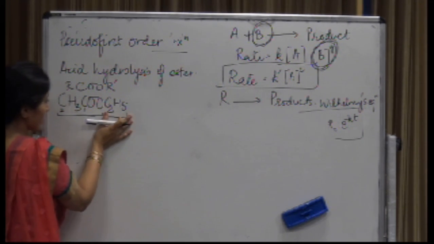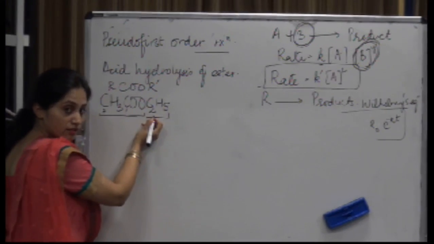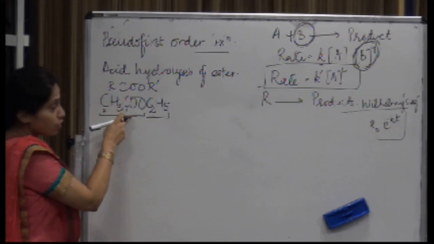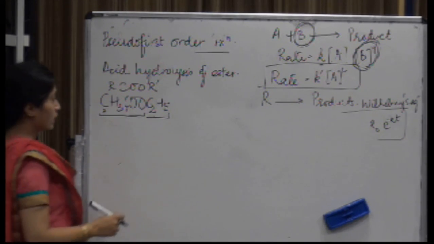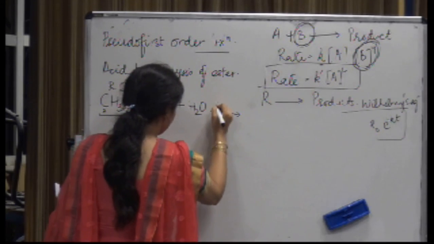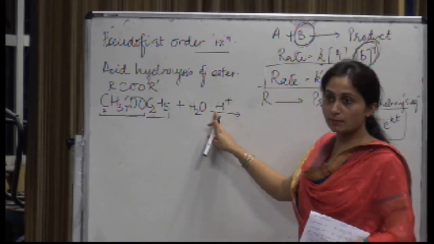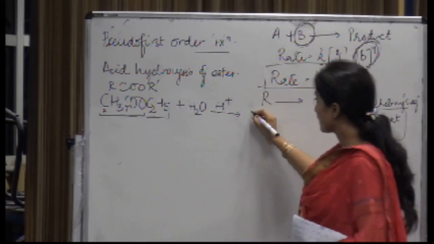I'm sorry, this is your ethyl, and this is 1, 2. So you will check this carbon also. So this will be ethyl ethanoate. Okay. So this plus water, in the presence of acid, will now give you CH3.